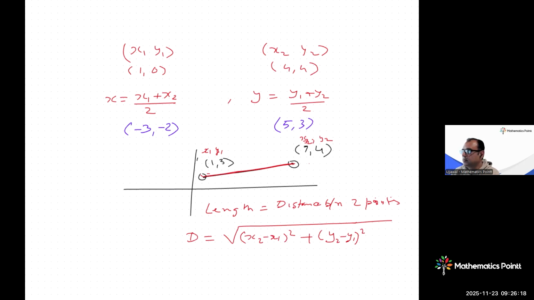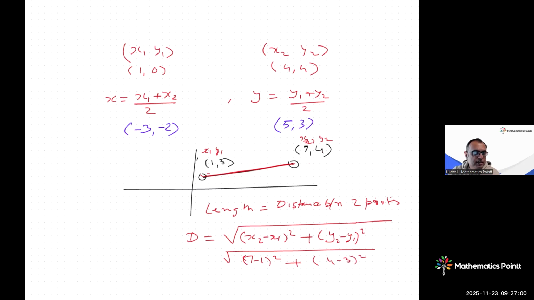All right, so how does this play around? Let's quickly find how does this work. Someone's just joined. All right, my x2 is 7. So 7, always ensure the brackets are there. 7 minus 1 whole square. I've just subtracted the two x components plus y2, 4 take away 3 whole square.